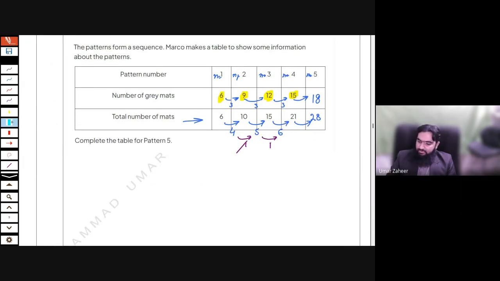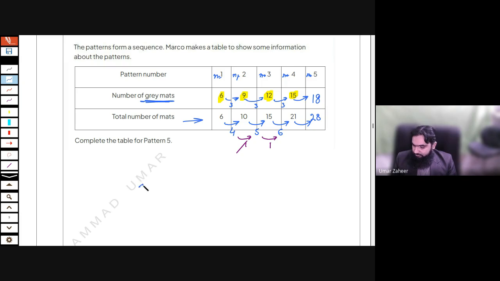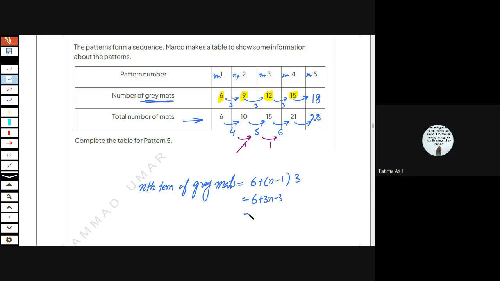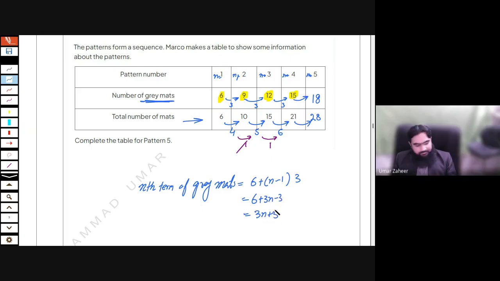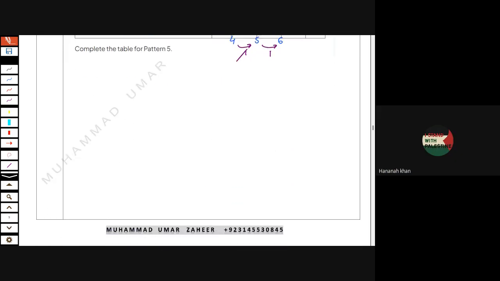The gray mats form an arithmetic sequence, not a quadratic one. So the nth term of gray mats will be equal to the first term plus (n minus 1) times d, which gives 3n minus 3 plus 6, so 3n plus 3. Is it clear?